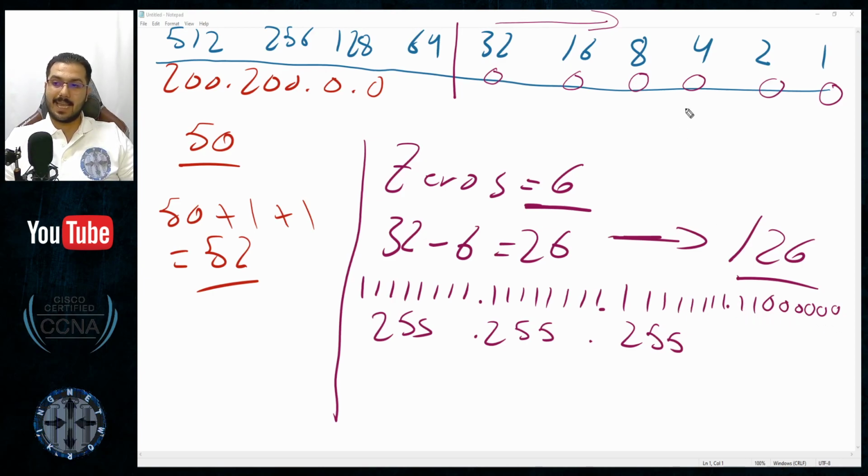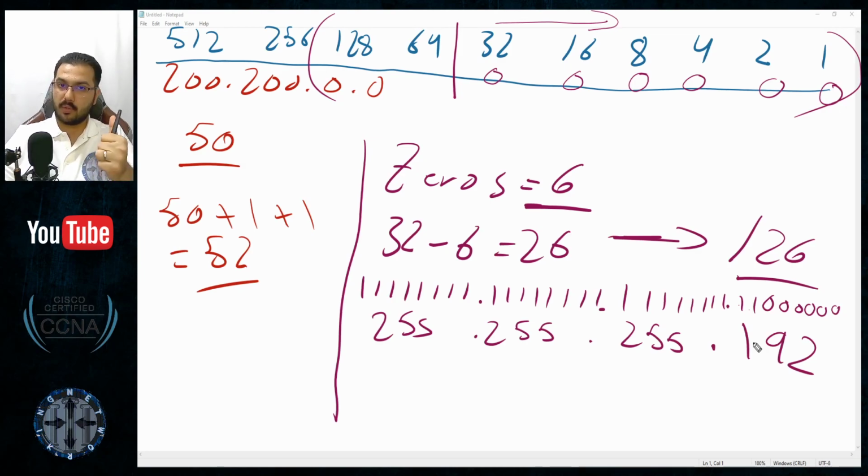These 8 equal these 8. So six zeros, and suddenly I find these 2 equal 1 and 1. I need to activate these 2 and deactivate these 6. 128 plus 64 is 192, and the rest I don't care about, so that would be .192.